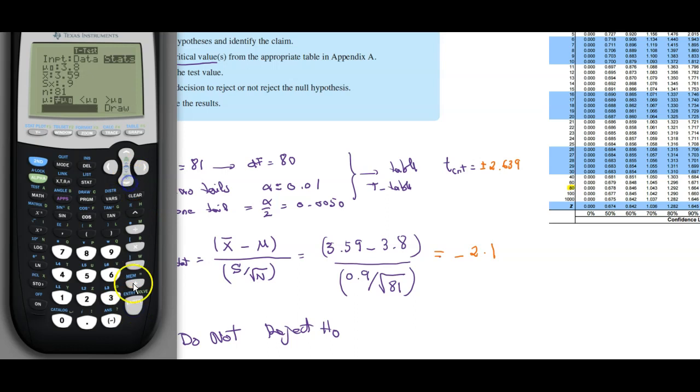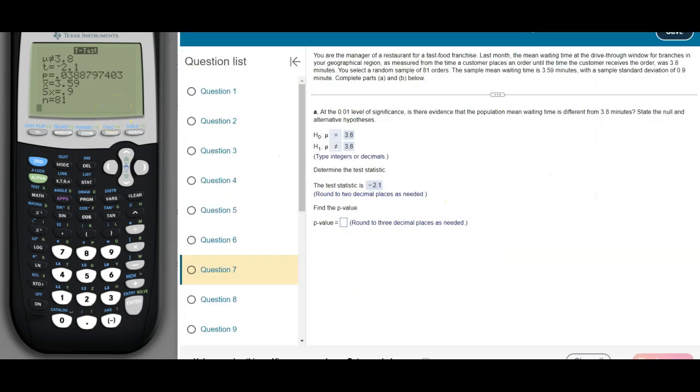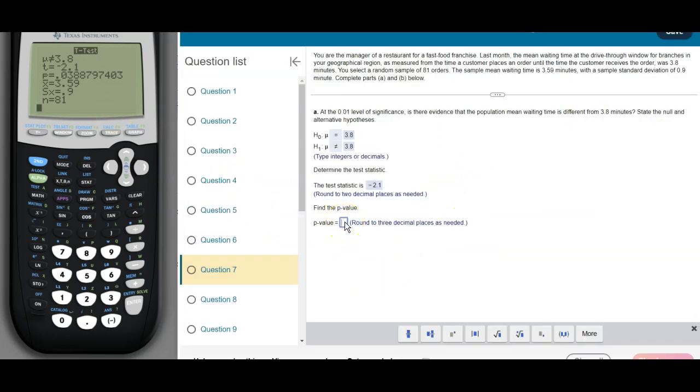Enter, and then calculate. So this calculator here will give you the exact p-value, and that's going to be 0.0388. Let's put it down, and it's giving you 2 tails, by the way, right? So it's going to be 0.039, since they want 3 decimal places, so 9 here.